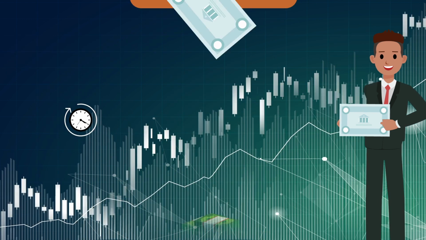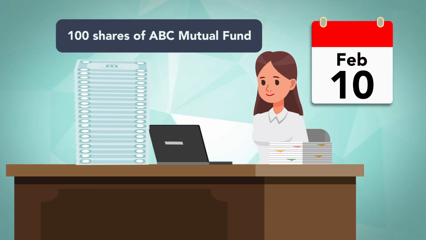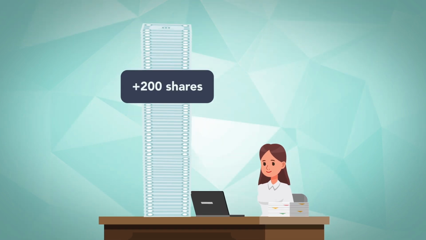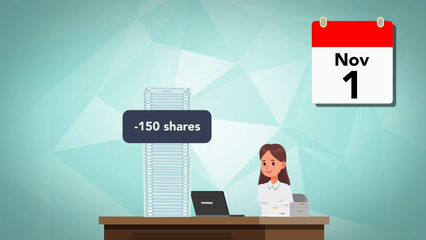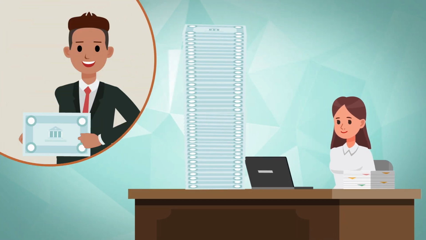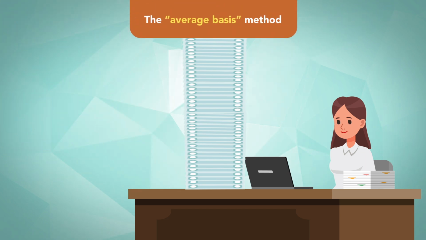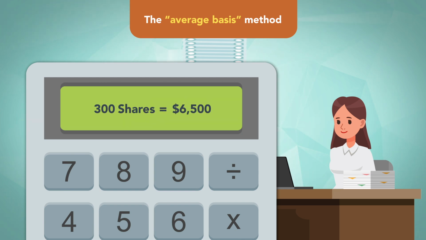For example, assume Jane purchased 100 shares of ABC Mutual Fund on February 10th at $25 each. On August 11th, she purchased an additional 200 shares at $20 each. On November 1st, she sells 150 of the shares. Unlike Adam in the previous example, if Jane is using the average basis method, she would first calculate the total purchase price of the 300 shares. In this case, the total purchase price of the 300 shares was $6,500.